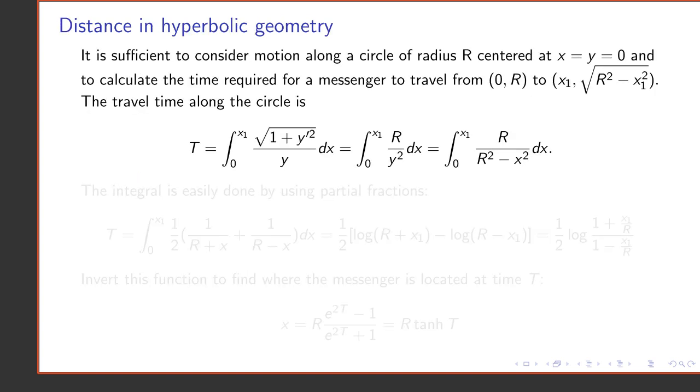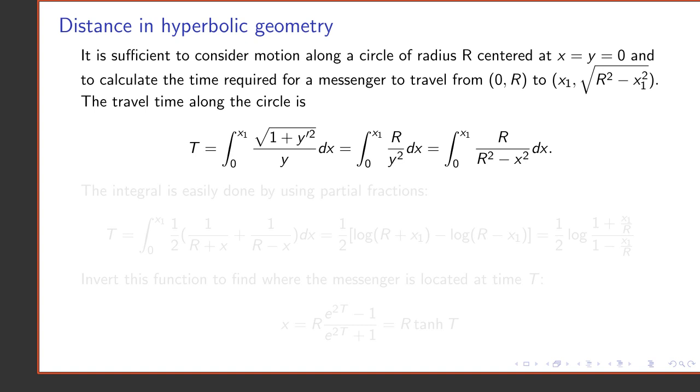Now let's see if we can get the formula for hyperbolic distance, the formula for the travel time. And all we have to do is consider the special case where the circle is centered at x equals 0. And we just have to calculate the time for the messenger to travel from the point directly above that to a point where the x-coordinate has increased to x1 and the y-coordinate, since we're on a circle, has dropped to the square root of r squared minus x1 squared.